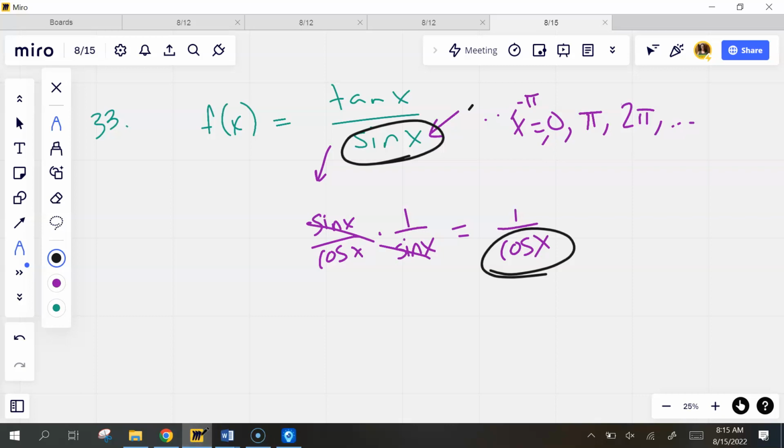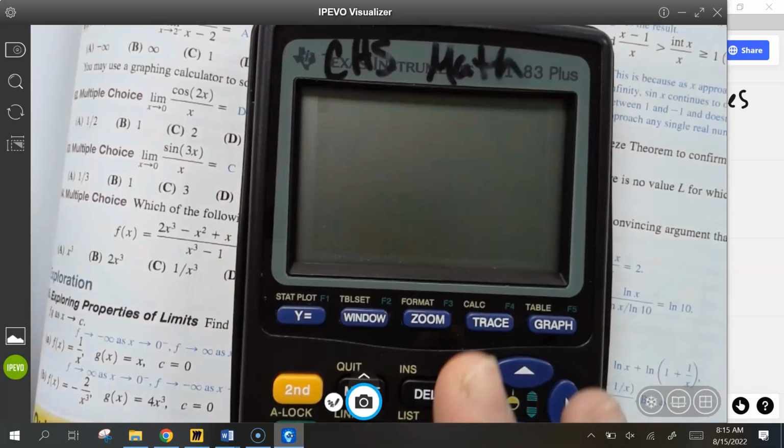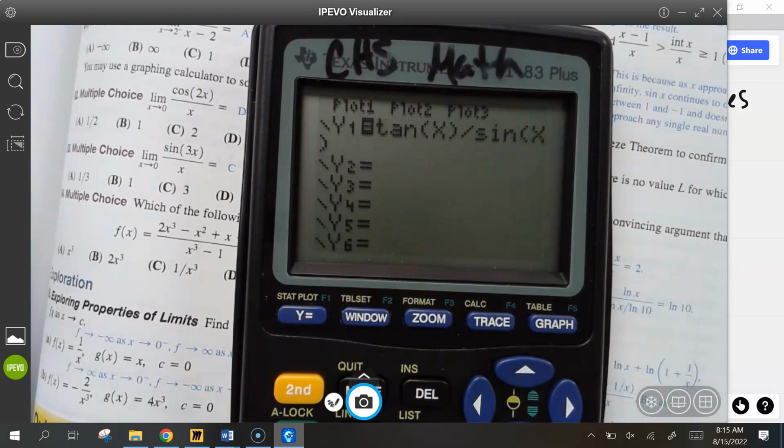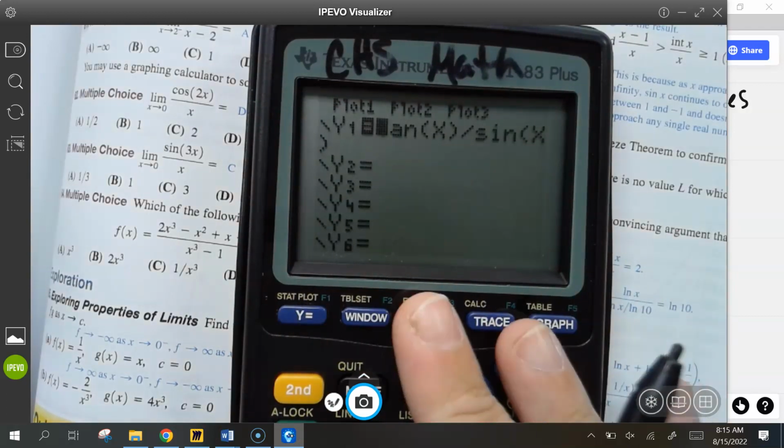So looking here, this is where the bottom equals 0, but yet it cancels out. So these are going to be my holes or my undefined points. They're not necessarily asymptotes. My asymptotes are going to happen where the true bottom equals 0, which if you look on your calculator, tangent x over sine x, right?